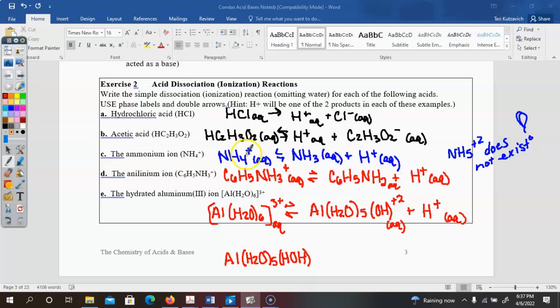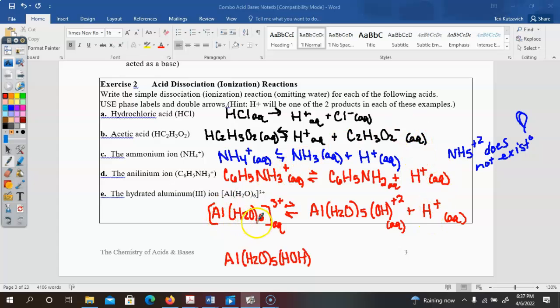It has a plus charge as it is, so if you're removing an H+, you're down to H3, and you no longer have a positive charge because it went right here. This one right here, again, you're removing an H+, so you no longer have 3 H's, you have 2, and it's no longer positive, it's neutral.